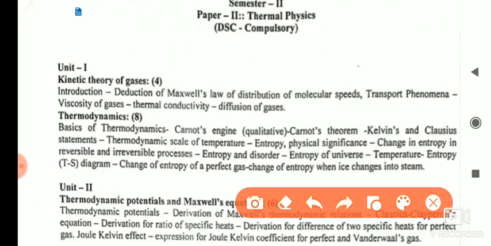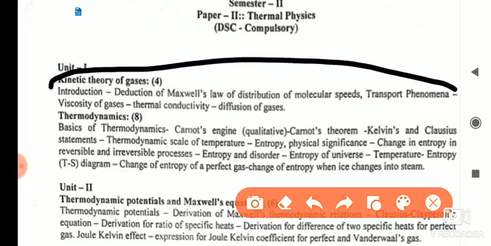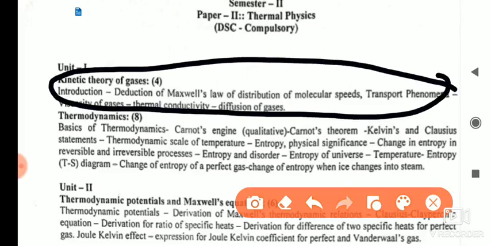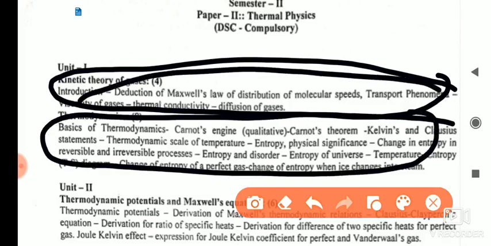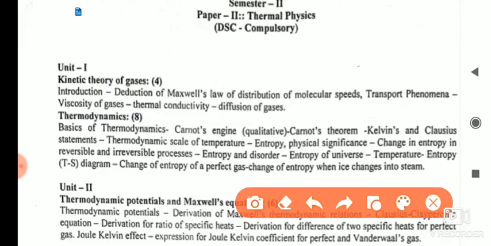If you prepare one complete chapter from these two chapters, you can attempt one long question. Either completely prepare the second chapter, or completely prepare the first chapter. The first chapter is very easy to prepare.